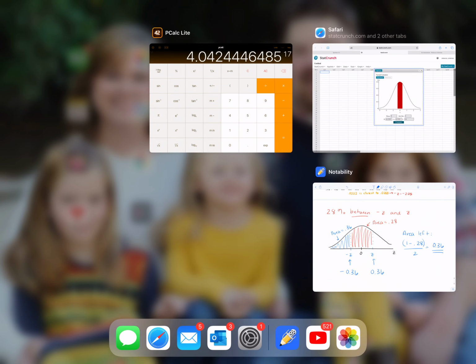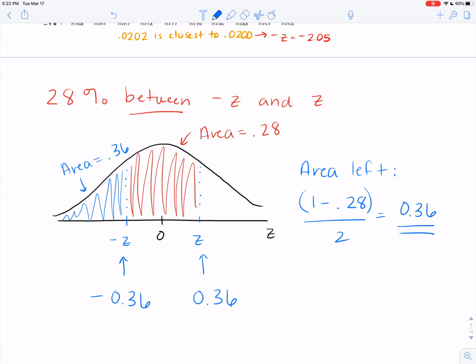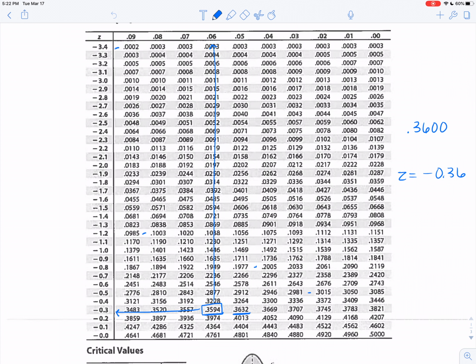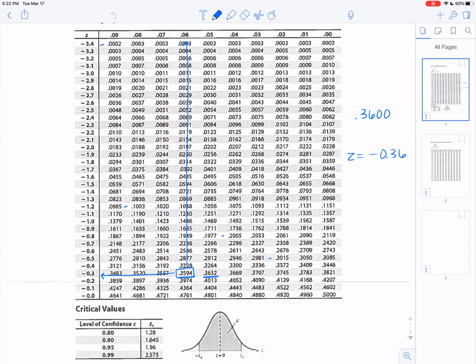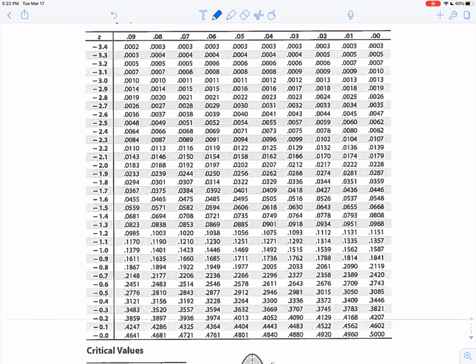If you're ever looking at your table and you're trying to pick the area that gets the closest, but you have areas where essentially they tie for the closest, a good example of this is going to be right here. If we were looking for an area of 0.05, we could not pick one of these over the other because they're equally close to what we want.